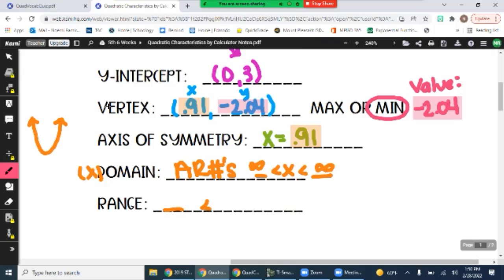Range is the one that's a little tricky. This one is for my what? Y values. Okay? Now we write those Y values in what order?